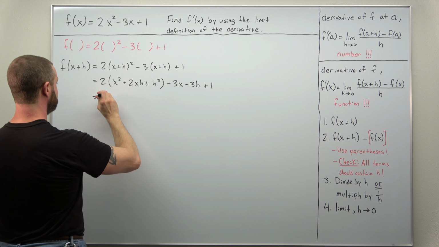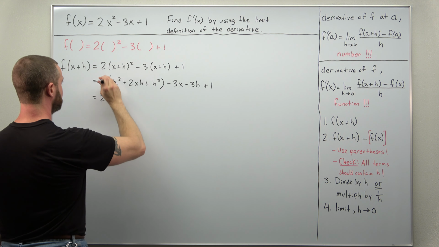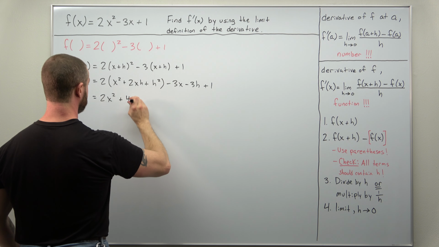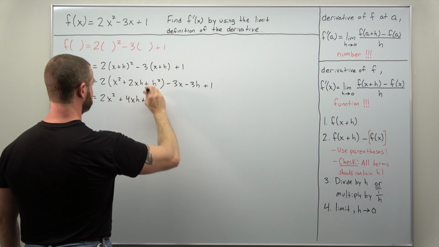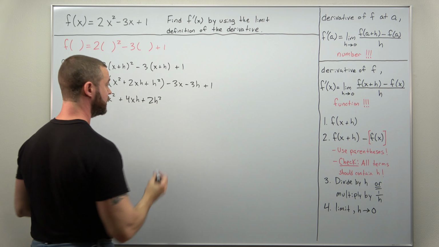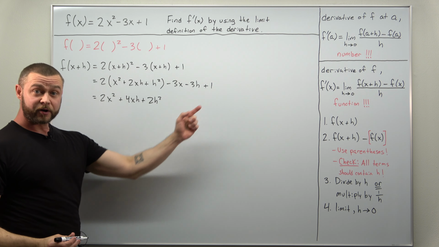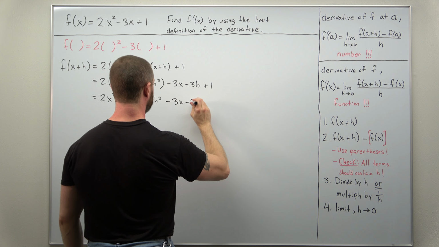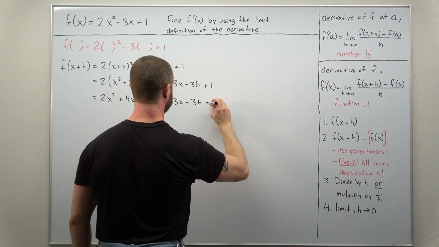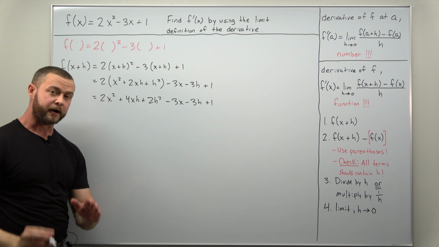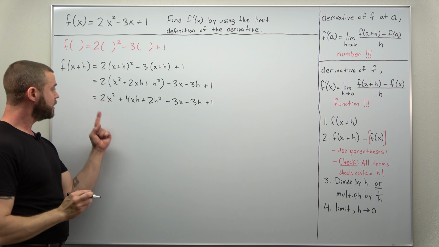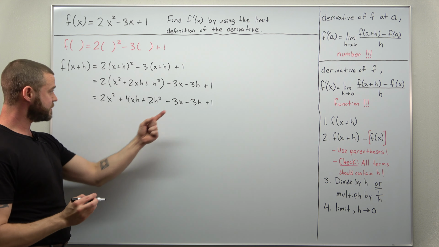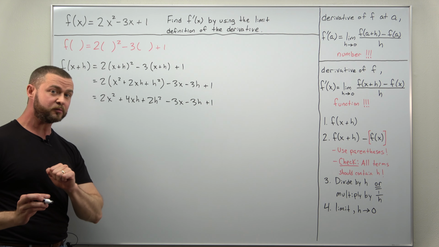And it looks like what we'll get is 2x squared plus now 4xh plus 2h squared. And all the other terms, minus 3x minus 3h plus 1. All right, and typically here in step 1, there's not a lot of terms that can be combined. So that's pretty much it. There are no like terms.